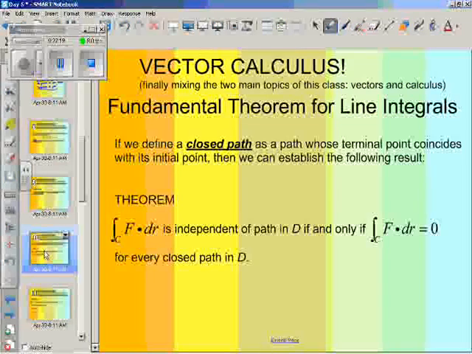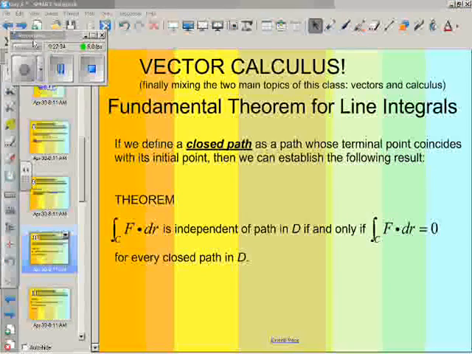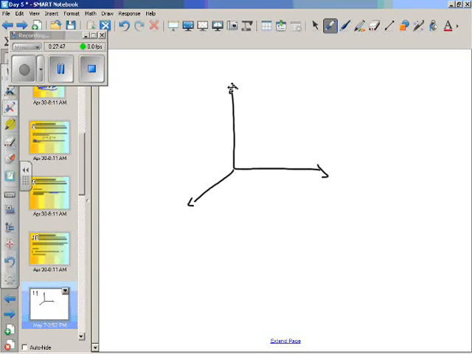Okay, so I want to briefly go through this definition of a closed path. It says a closed path is a path whose terminal point coincides with its initial point. What in the world does that mean? Well, all that means is if we start here, then we're going to go along some path, and then we're going to end right back there.